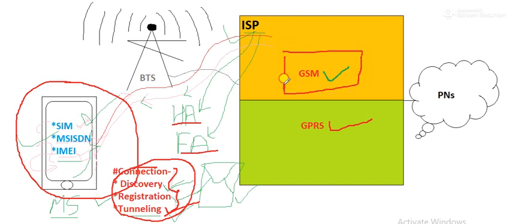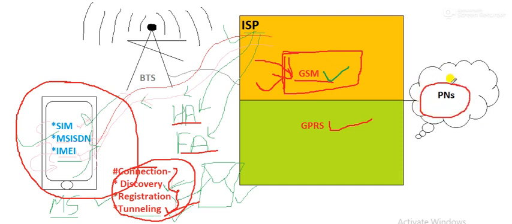I just wanted to show you what this GSM is and where it actually occurs within the ISP's region, and how it is used in the telecommunication system. Further, this ISP is connected to the public networks.